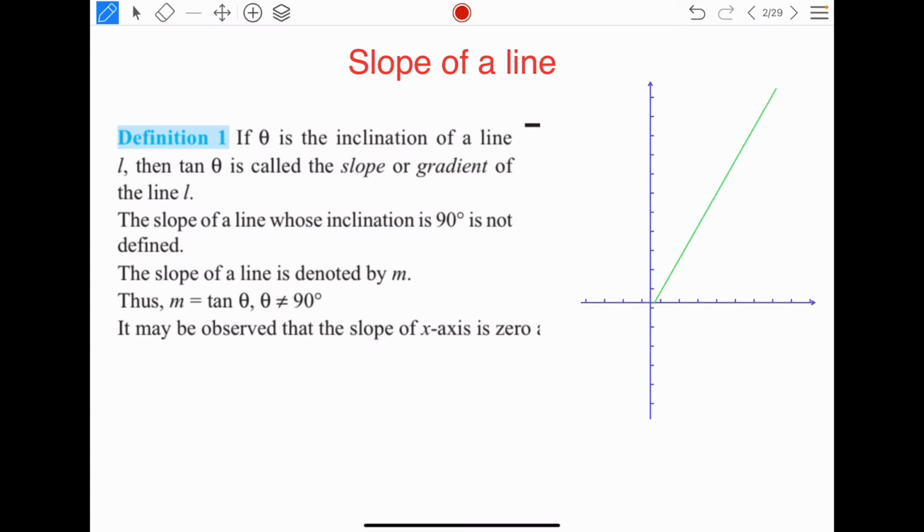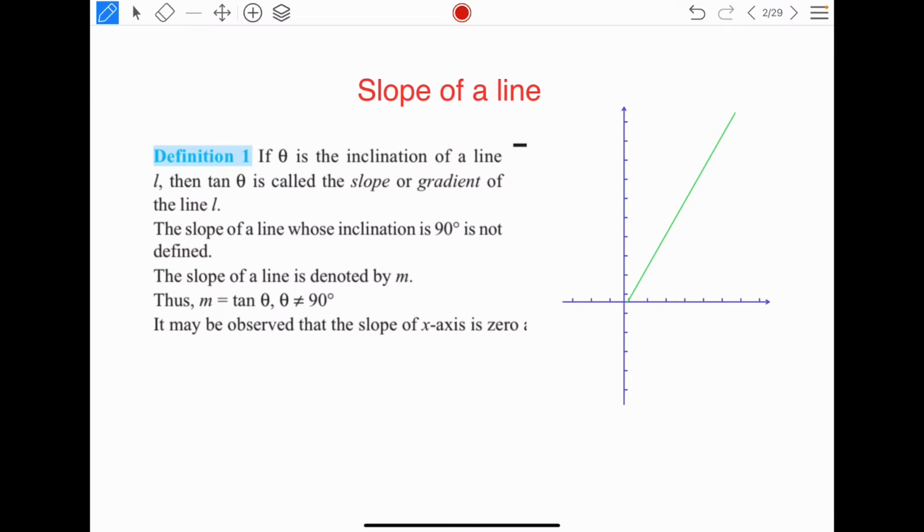Try to understand this from this image. Suppose I have a straight line which has an angle theta with the positive x-axis. That means the x-axis towards the right hand side. Everything we'll be doing here will be with reference to the positive x-axis only. So this is my theta, angle made by the line with the positive x-axis. What is the slope of this line?